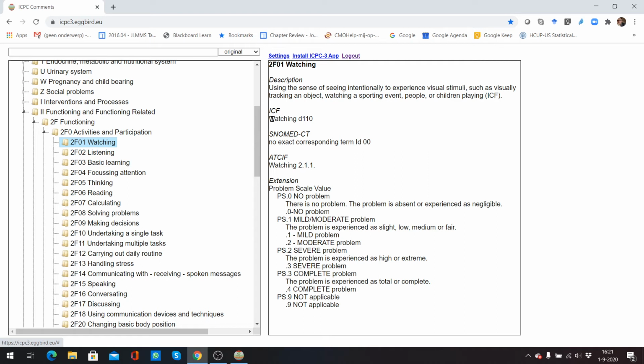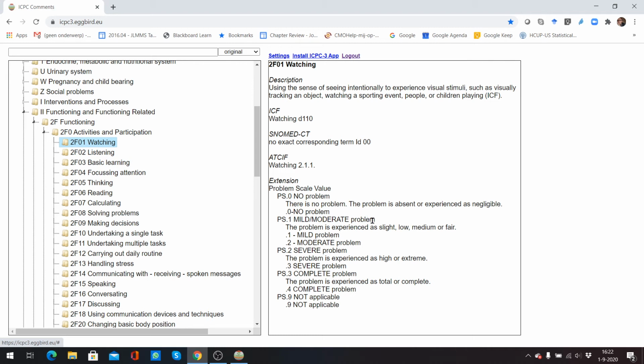There is a link to the ICF, the watching with the code. There's no link to the ICD. There's no link to the SNOMED CT. However, this class can be linked to the French scale, ATSIF. In all the classes, as you can see, it's possible to use the severity scale.